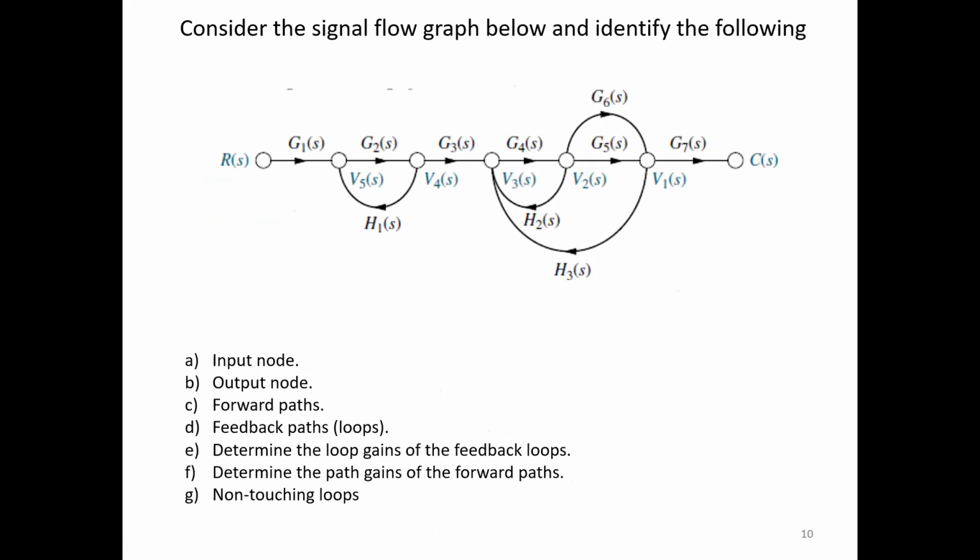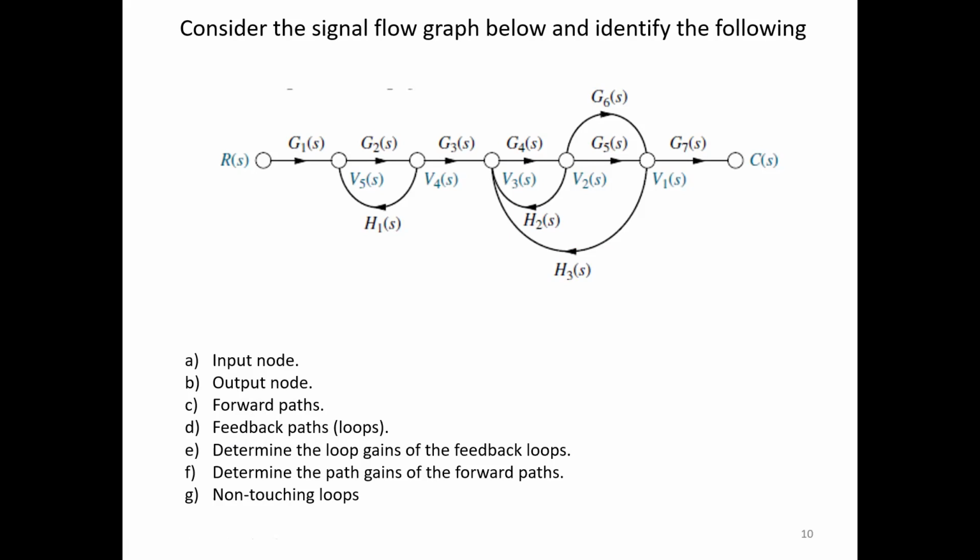Okay, so that is about the terminologies which we will be using. Now we will see the signal flow graph. I'll take an example signal flow graph, and let us identify a few parameters which we have listed here. For the given signal flow graph, I'm trying to identify the input node, the output node, the forward paths, how many forward paths there are, and how many loops there are, which you can call feedback paths. In a few literatures they are given as feedback paths, but popularly we call them feedback loops.